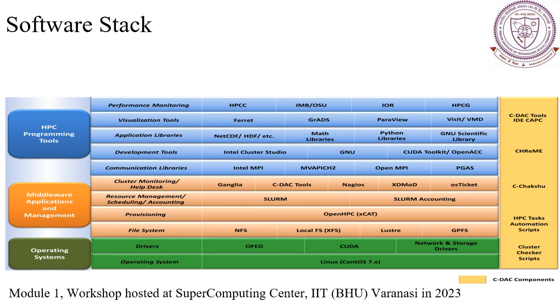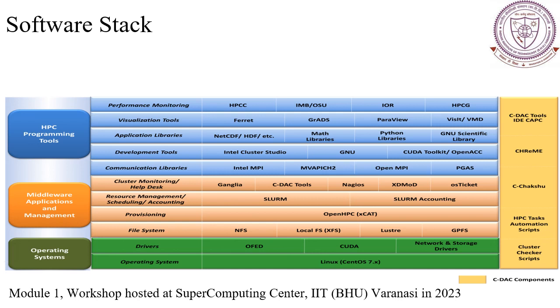Then the third one came resource management, scheduling and accounting. So the resource management system is used to schedule and account for jobs on the HPC system. One common resource management system is Slurm. Slurm is a free and open source resource management system that is designed for HPC cluster.